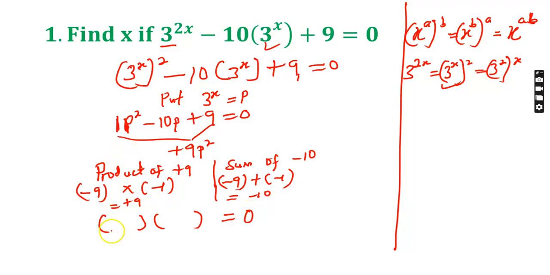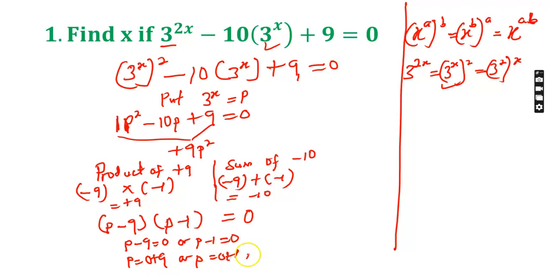I have p squared here, so I will have p. What are the factors that I got? Minus 9, minus 1. So this is p minus 9 equals to 0, or p minus 1 equals to 0. So p equals to 0 plus 9, or p equals to 0 plus 1. So p equals 9 or 1.